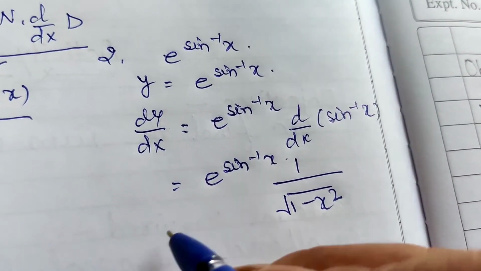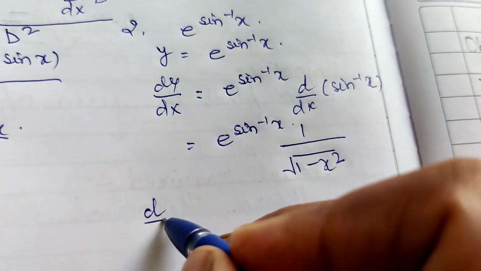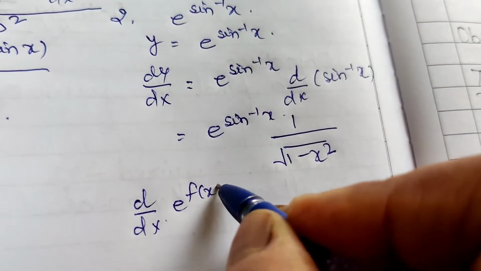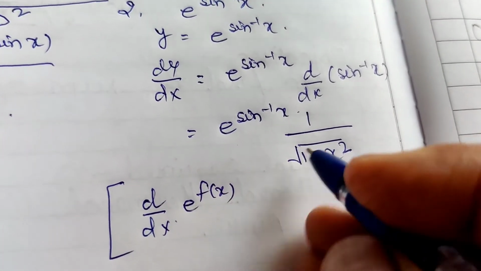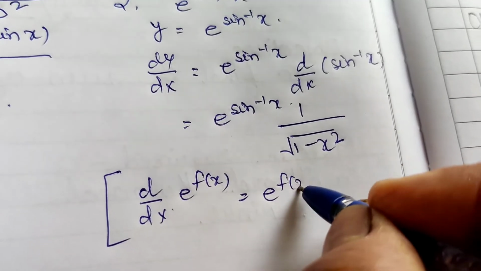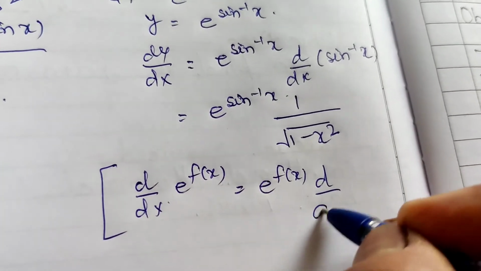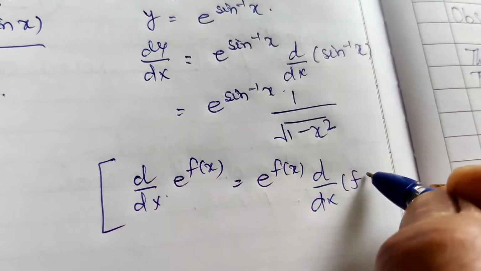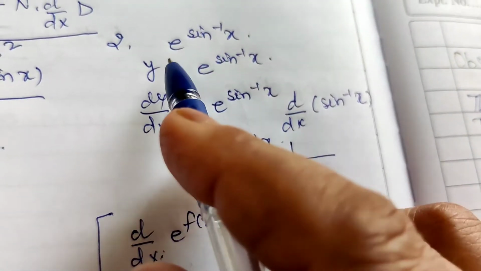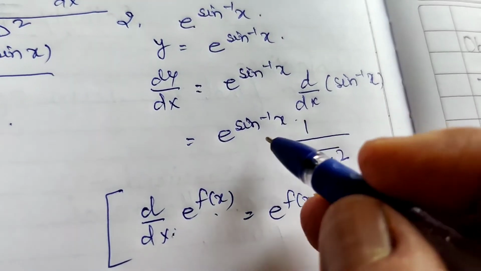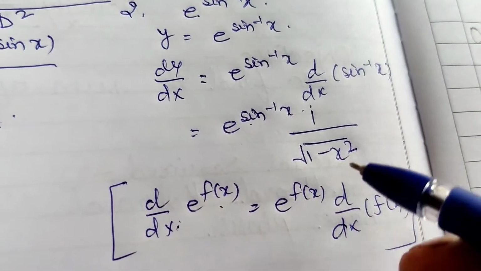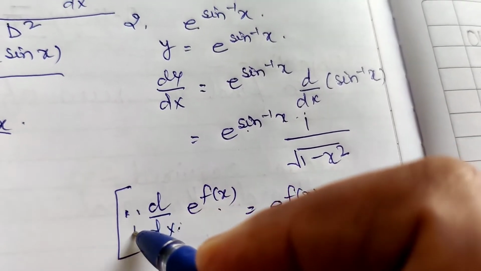The chain rule is this: d over dx of e raised to power function of x is e raised to power the function, times d over dx of the function. The answer is e raised to power sin inverse x upon under root 1 minus x square by this rule.